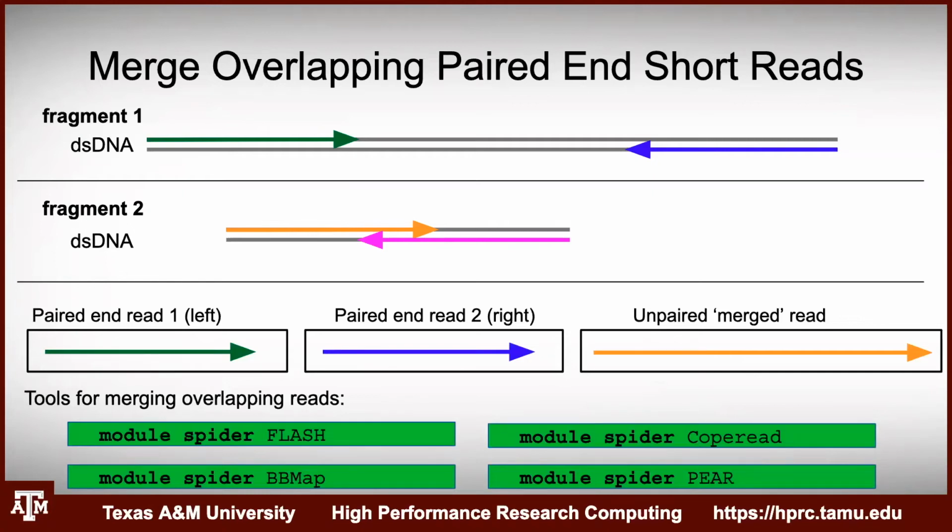Because the read quality tends to drop off towards the end for both, merging can help correct any errors that might be there and produce a higher quality, still useful, longer contiguous sequence. There are a number of tools available to do this: FLASH, BBMap, Cope, Read, and PEAR.